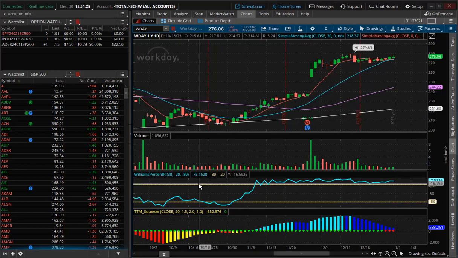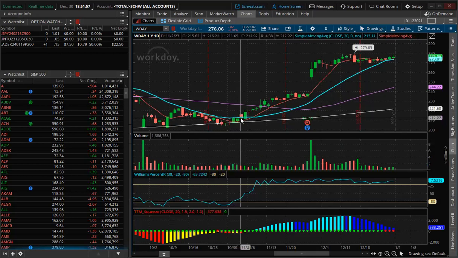And when it's below the 80 line, which is this one, at the bottom, the stock is oversold, and you can expect price to eventually start going up. I like this indicator because it usually parallels very nicely with the actual movement of the stock. For instance, right here, when it's coming out of the oversold, you can see that the price starts going up.